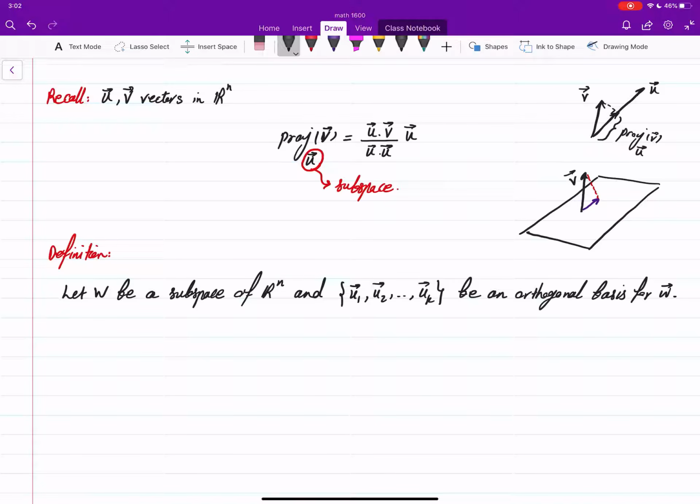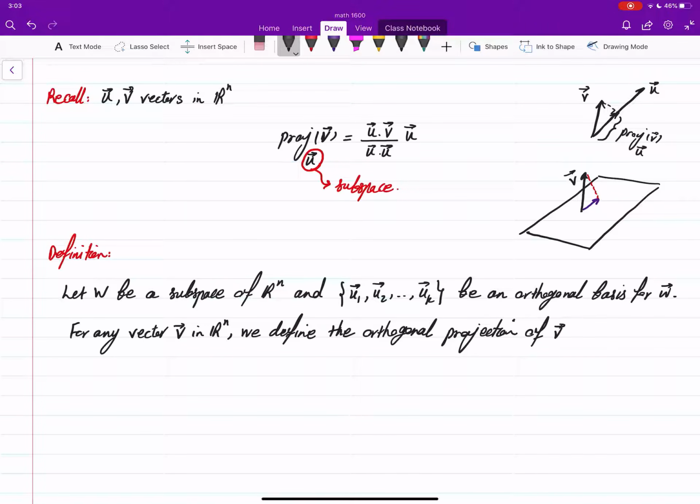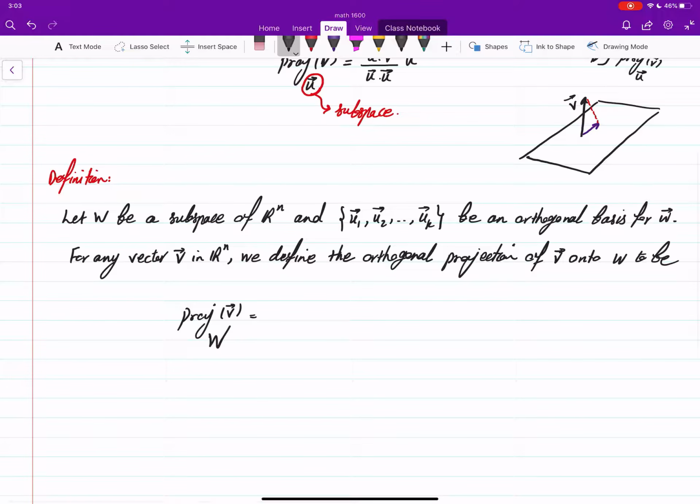You can fix any orthogonal basis you like, but then for any vector v in Rn, we define the orthogonal projection of v onto W, the notation is, as I mentioned above, projection of v onto the subspace W. This is going to be: take U1, dot product U1 with v, over U1 dot U1.